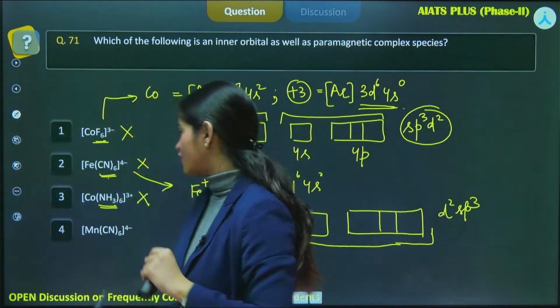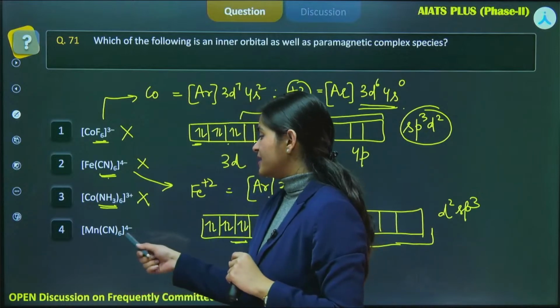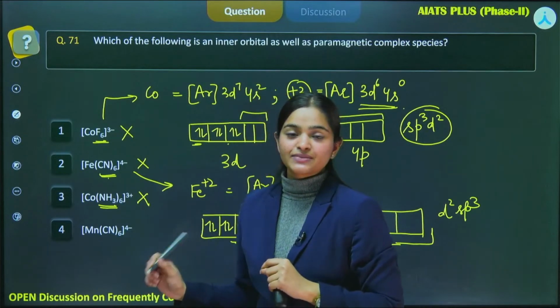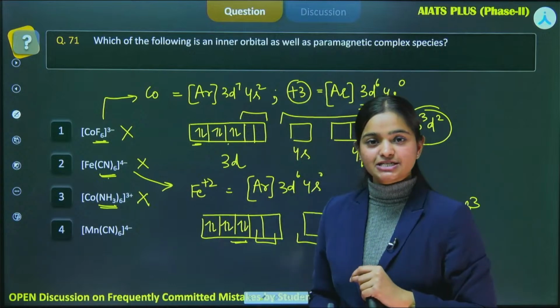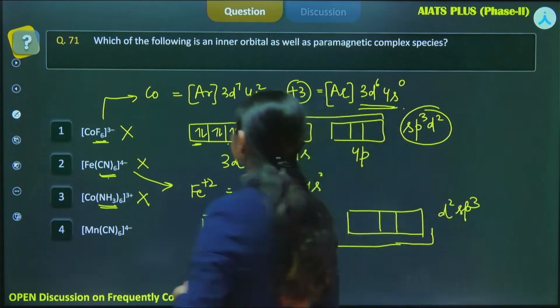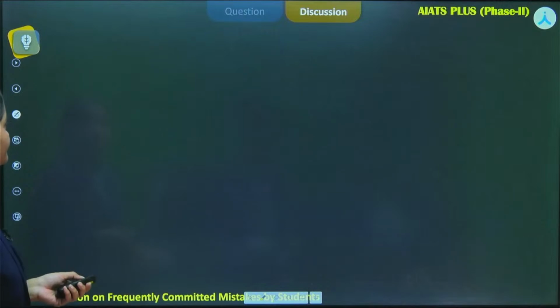Now let's see option number 4, that is Mn(CN)6 4-. Manganese is in +2 oxidation state, right?